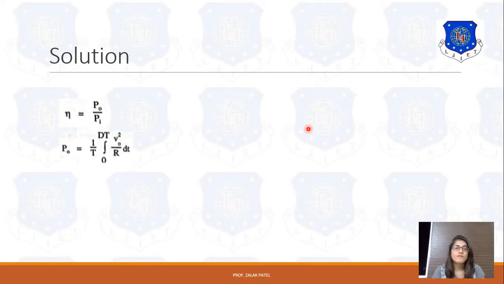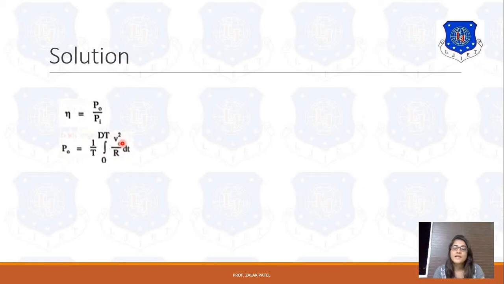Output power is equal to voltage into current, but current can be written as V upon R, so V into V upon R means we can write V0 square upon R, and over here 1 upon T. The total on time of the step down chopper is taken as its actual operation time, and that's why we integrate from 0 to dT, V0 square upon R dt. So this is our output power.